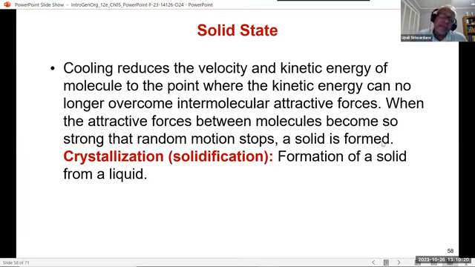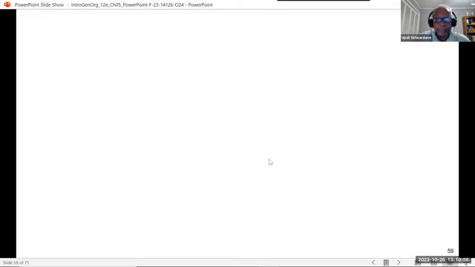But there are times that solidification doesn't involve crystallization. Only a solid is formed. This solid doesn't have a structure like a crystalline structure. Therefore, it's called amorphous. I am going to talk about amorphous and crystalline, and how we differentiate that in the solid.